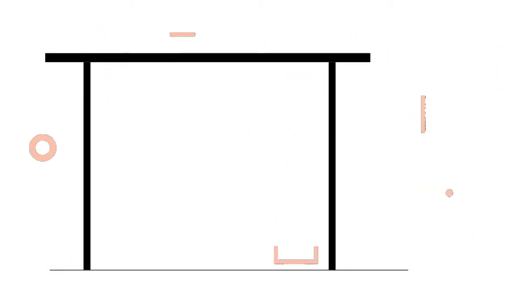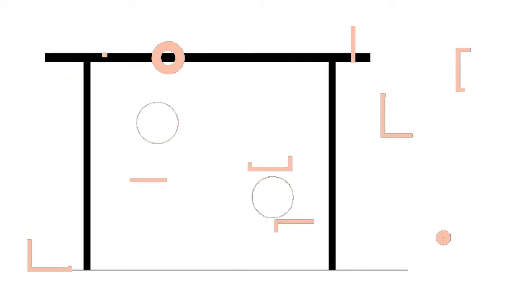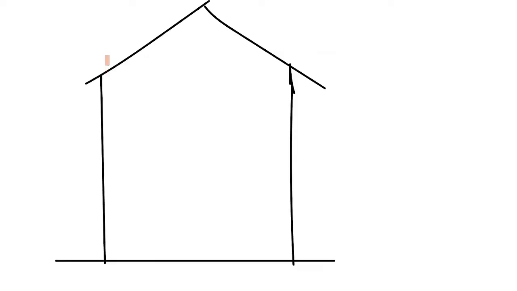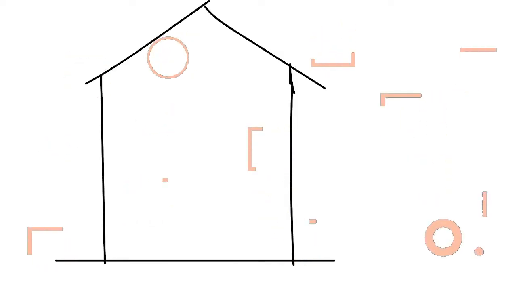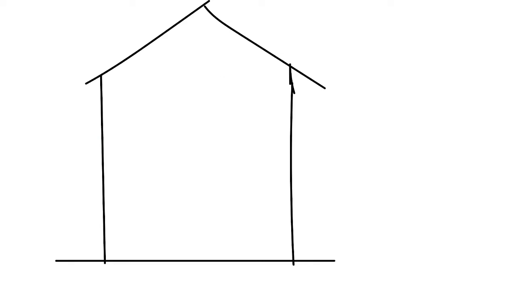But the basic structure it consists of is columns and a roof. That's all. It won't have any wall, right? But it will make you feel good when you go and sit out in that area, or you can hang out in that area. There can be very different sorts of pavilions, right?